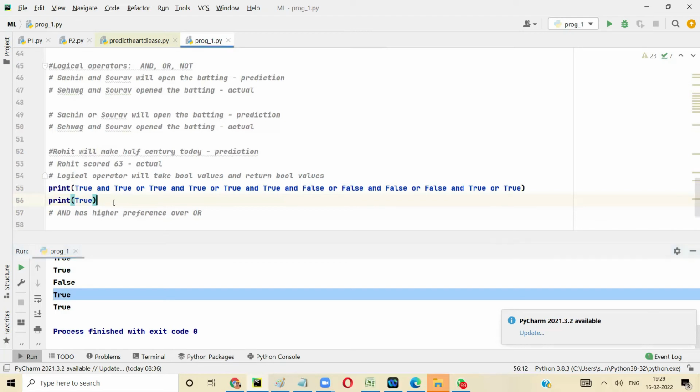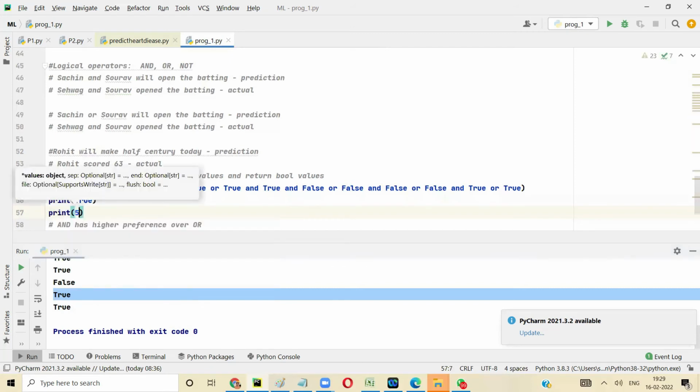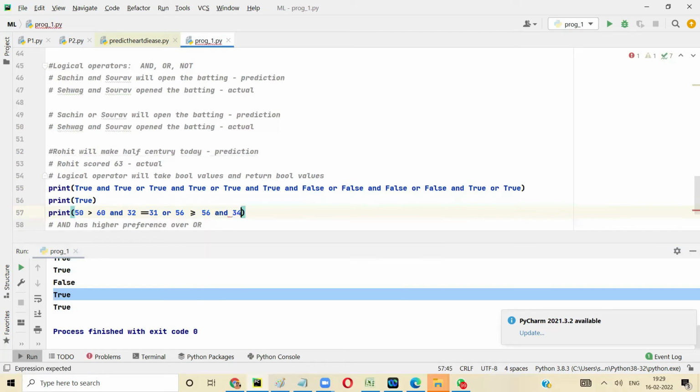Now I'll give you one more thing. I want you to solve this for me: 50 greater than 60 and 32 equal to 31, or 56 greater than or equal to 56 and 34 not equal to 35, or 56 greater than 65.